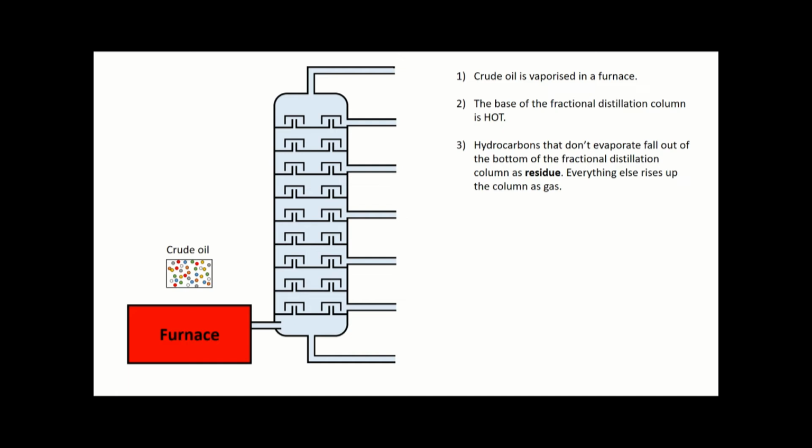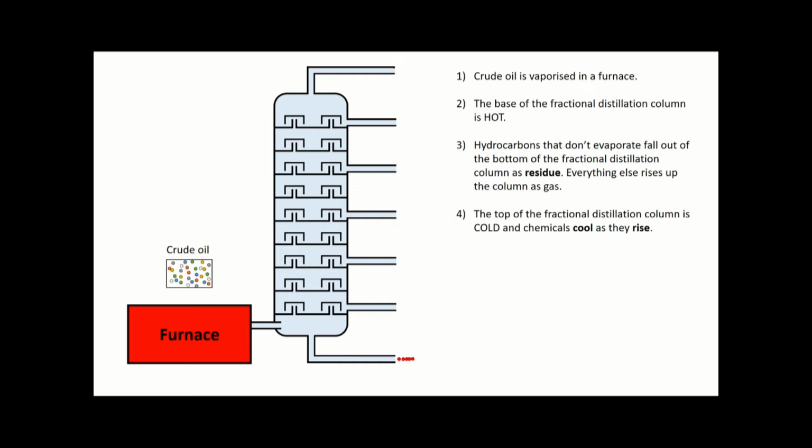They will come into contact with the surface of the column, and they will drip down to the bottom, and they, the red ones here, come out of the bottom as residue. Everything else is going to go up the column, and as it goes up the column, it's hot at the bottom, but actually it's cold at the top. It's air temperature at the top, so that might be something like 20 to 25 degrees.